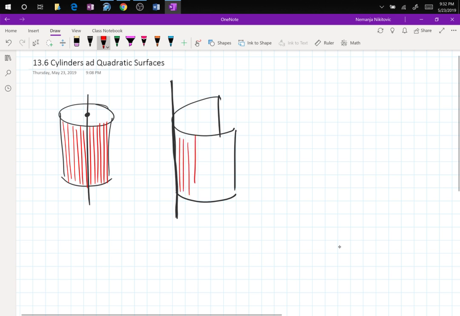Every one of these lines here is parallel to that black line, so this is also a cylinder. So in the context of three-dimensional surfaces, the term cylinder refers to a surface that is parallel to a line.